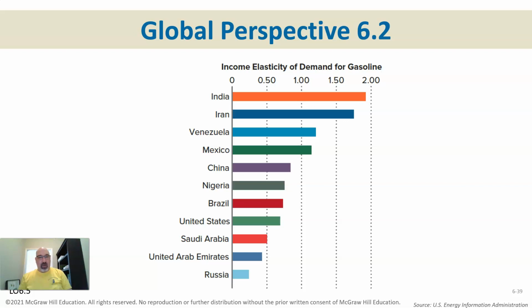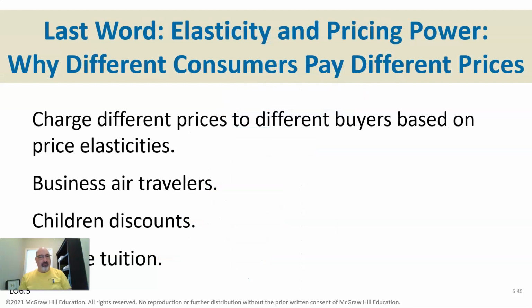Nigeria, about 0.7. Brazil, about 0.7. U.S., about 0.6. Saudi Arabia, about 0.5. UAE, about 0.4. Russia, sitting at about 0.3, 0.2, 0.25, 0.3.